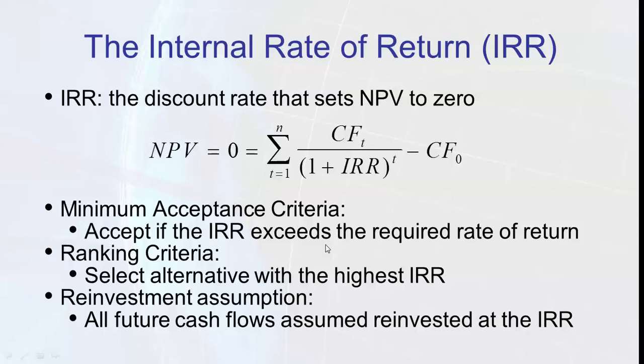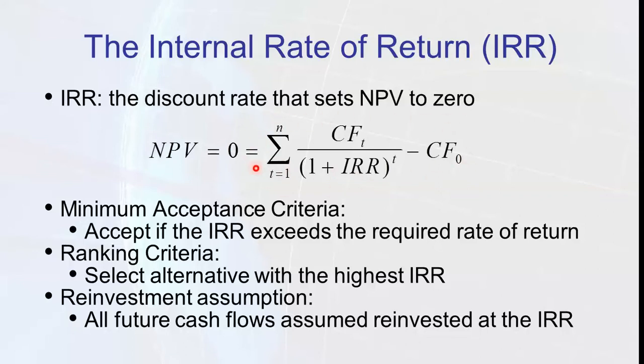Now let's talk about internal rate of return. Internal rate of return, which is also called IRR, is the discount rate that sets NPV to 0, which makes NPV equal to 0. Let's look at this formula here. If we set NPV equal to 0 and solve for this IRR, basically we are using the NPV formula, right?